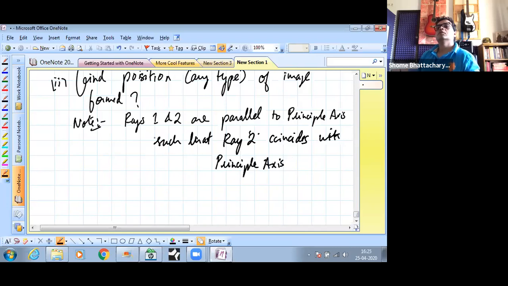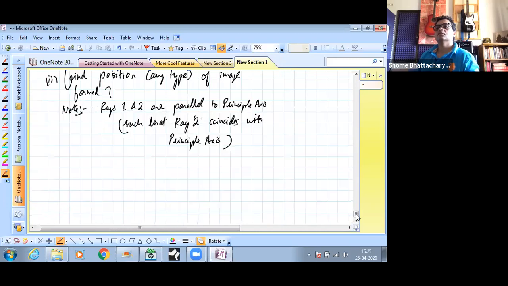So let's start with the ray diagram, and let's see what we can figure out from that.